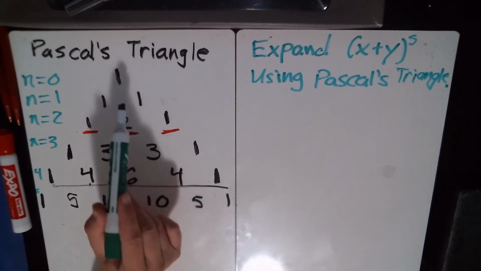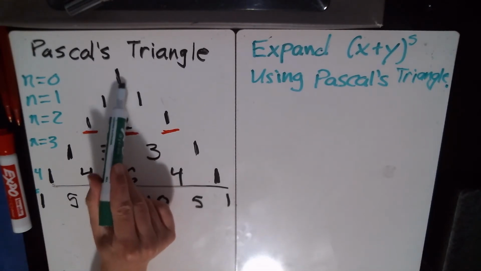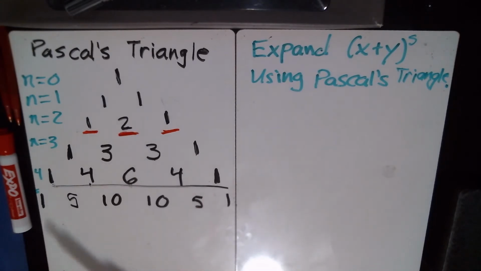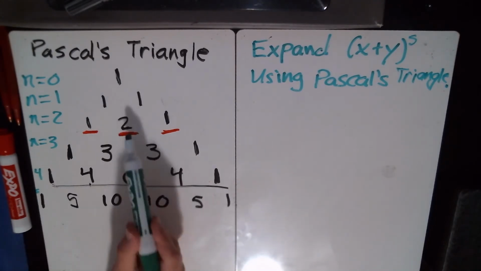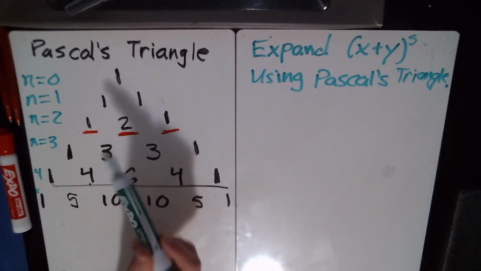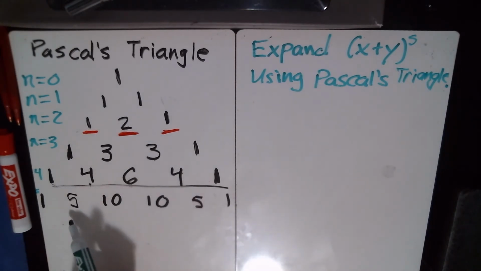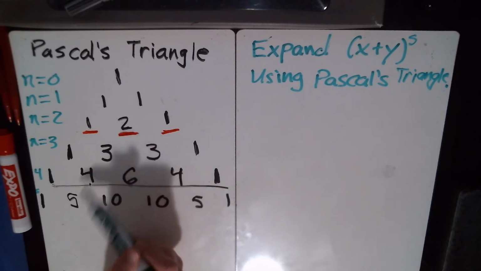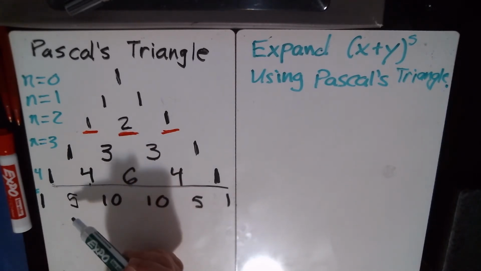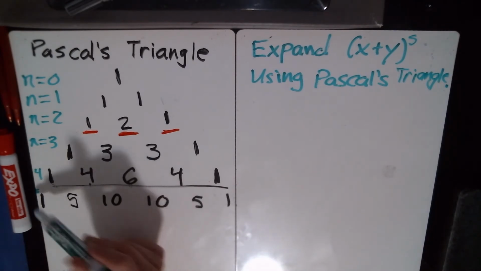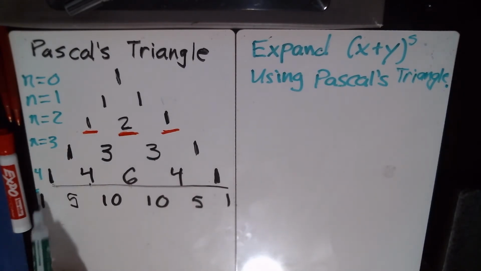The only kind of weird thing is that we start at 0 at the very top of the triangle, but you can tell which n it is just by looking at the second entry on the row. That will always be the n number. Okay, so you'll notice 1, 2, 3, 4, 5, right? That's the same as the n on this.